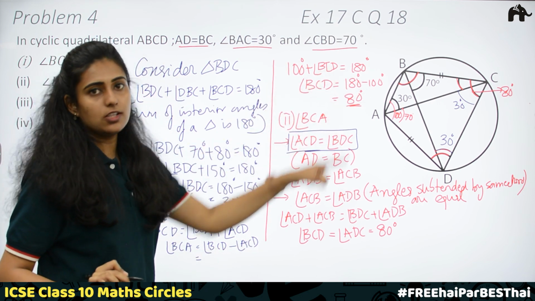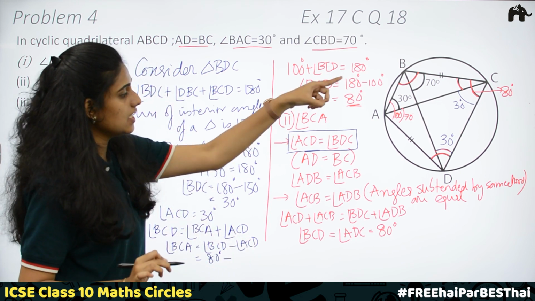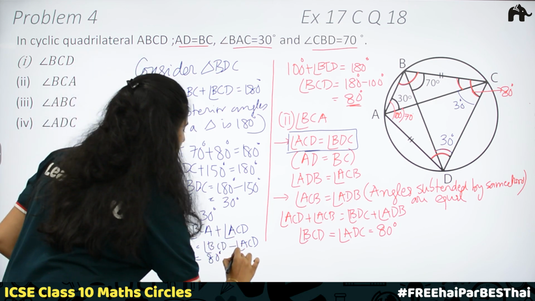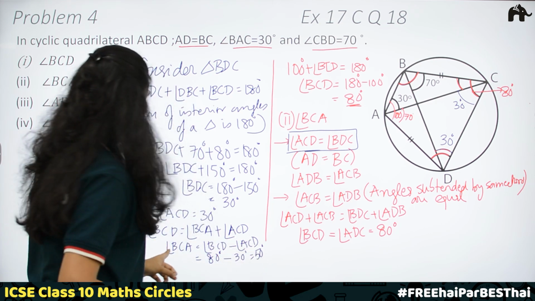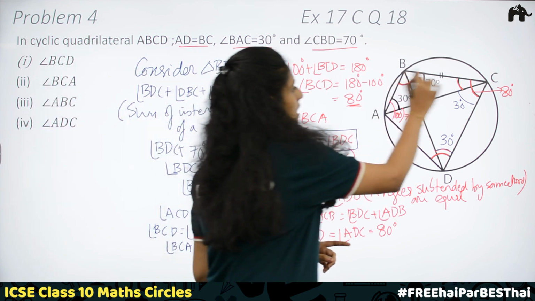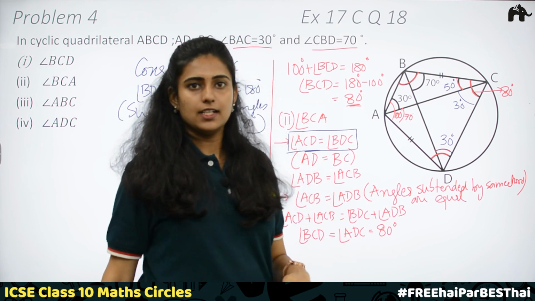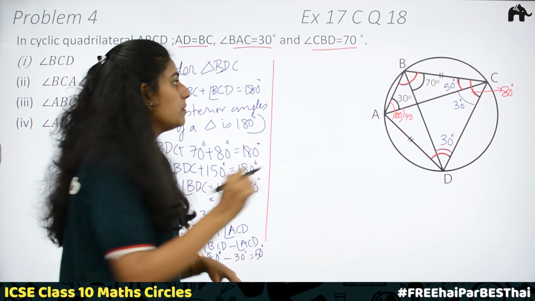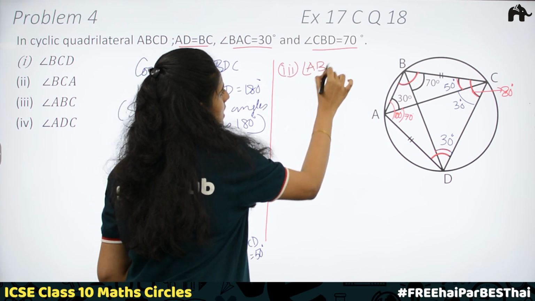BCD, the total angle, is 80 degrees, minus ACD, which we have determined, is 30 degrees. You will be getting 50 degrees. Okay. BCA, this part is 50 degrees. Clear? Next, the third part, we have to find angle ABC.